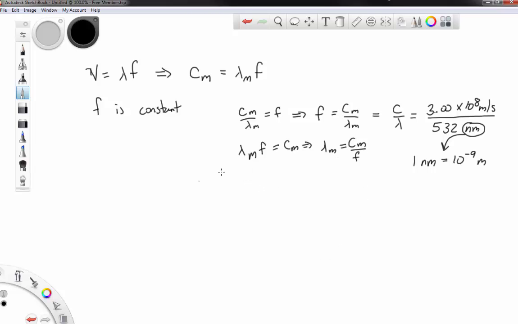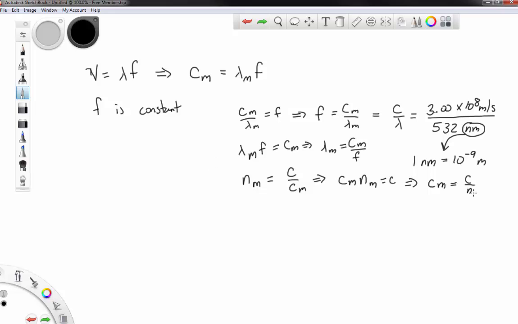So again, the index of refraction of a medium is always the speed of light in vacuum divided by the speed of light in that medium. This means that the speed of light in a medium times the refractive index of the medium is the speed of light in a vacuum, and so you'd have that the speed of light in a medium is equal to the speed of light in vacuum divided by the refractive index of the medium.